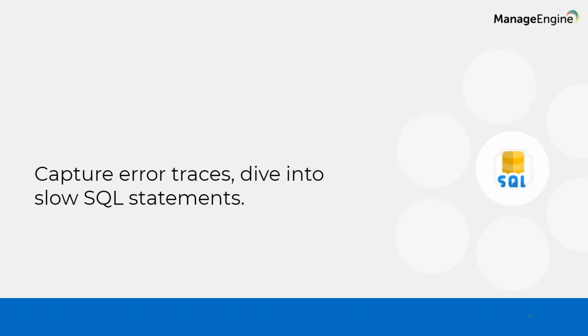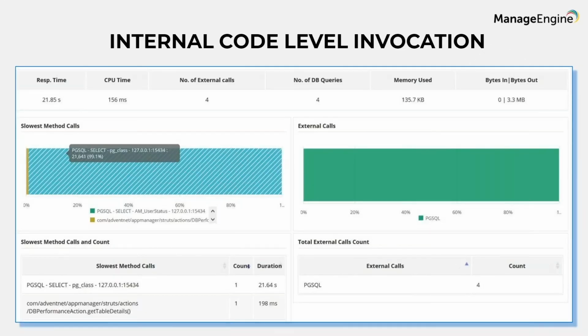So let's see how Application Manager APM Insight gives the internal code level invocation for troubleshooting your web application from the root. We identify the slowest method calls happening in your web application. That is, the web application is built programmatically by combining multiple methods, multiple functions, multiple classes.